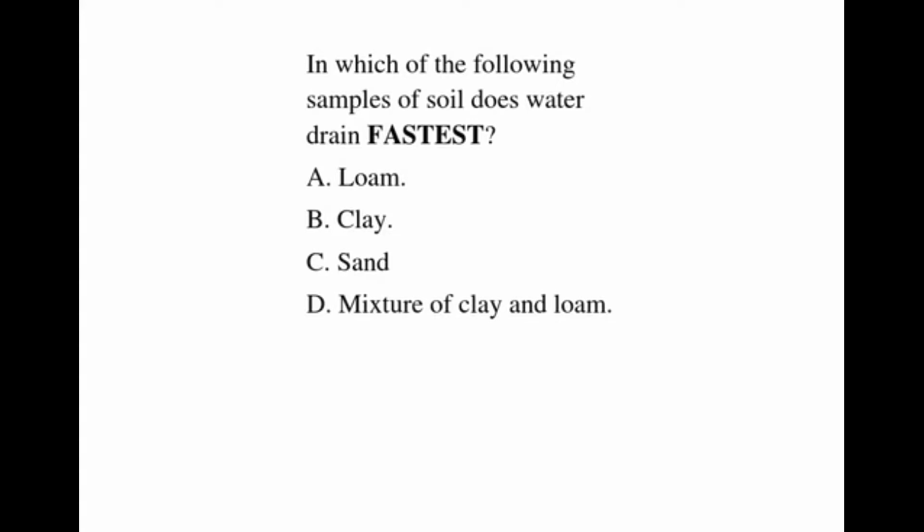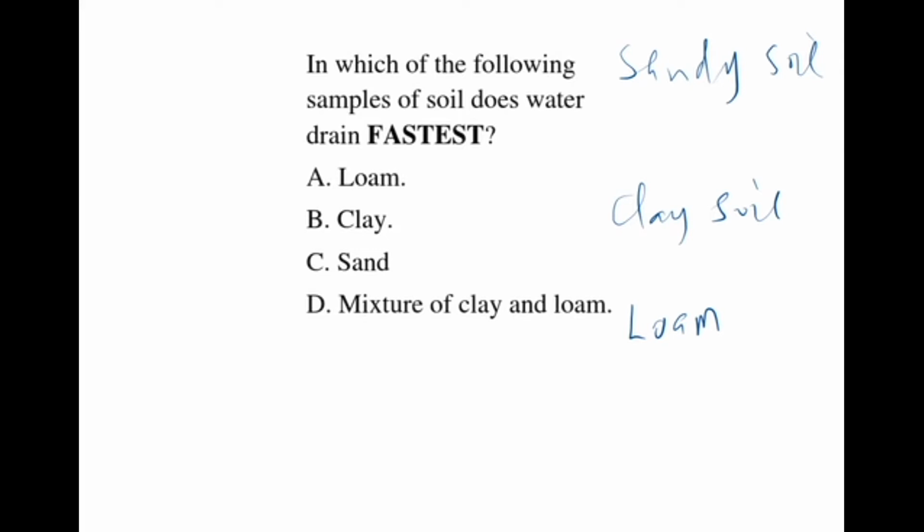When you look at these different samples of soil, that is sand, clay soil, and loam, all of them have different soil properties or characteristics, and all this is determined by the size of the soil particles.